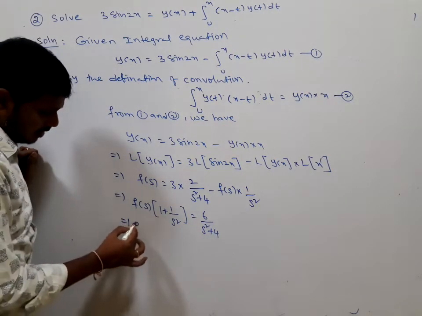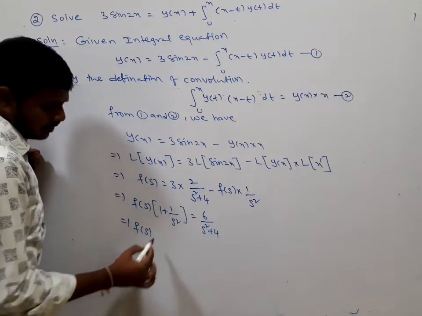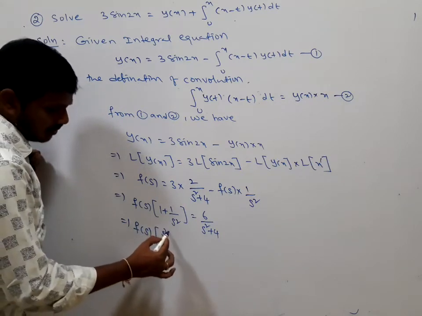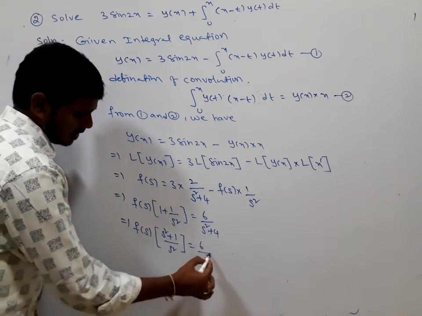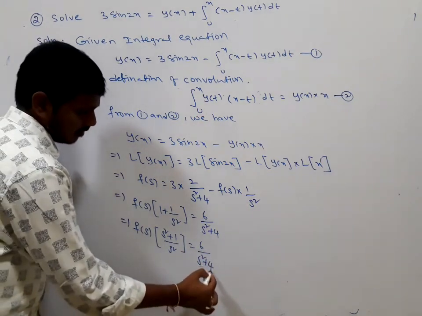So here it is f of s into s square plus 1 divided by s square is equal to 6 divided by s square plus 4.